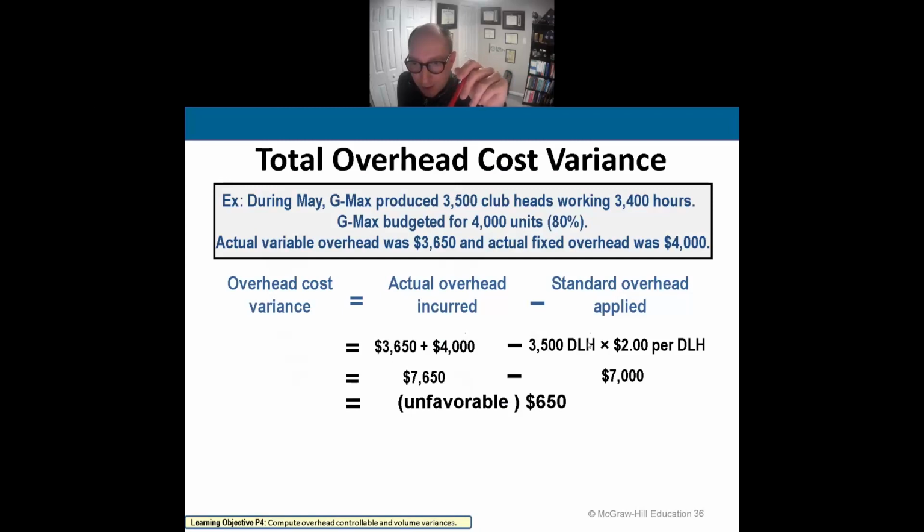Our standard overhead applied was $2 per labor hour times the number of labor hours, 3,500. That's the standard. Actual overhead incurred was 7,650 minus the standard overhead applied of 7,000. This gives me an unfavorable variance of 650. Actual minus standard gives you the variance.